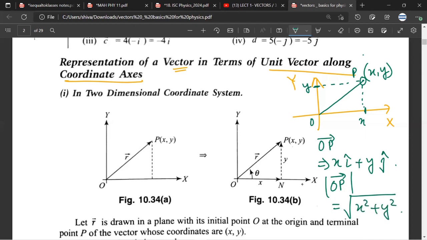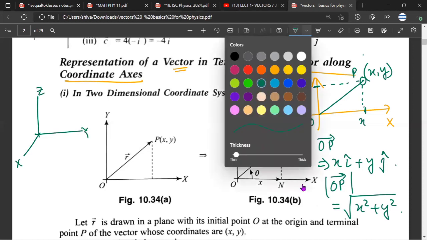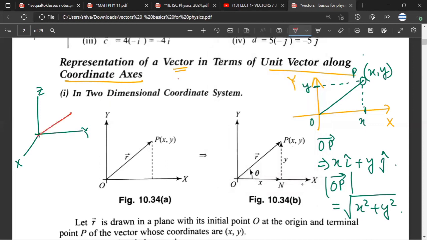Yes. Similarly, if the same thing was being discussed in space, so if there was this random point in space which was x comma y comma z, then this OP vector could have been written as.